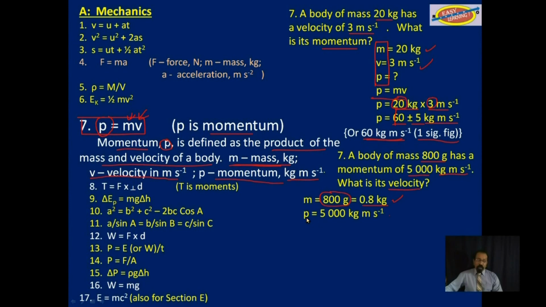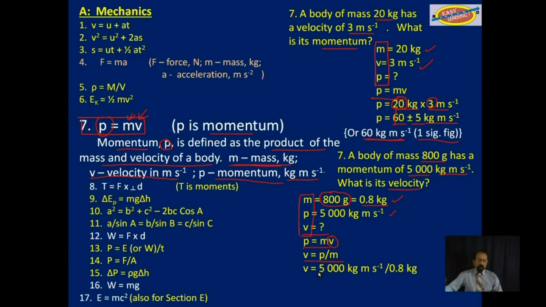We know the momentum. We want to find the velocity. Do we have a formula relating those three variables? Yes, P is equal to mv. We want to make v the subject of the formula. So v is equal to P over m.